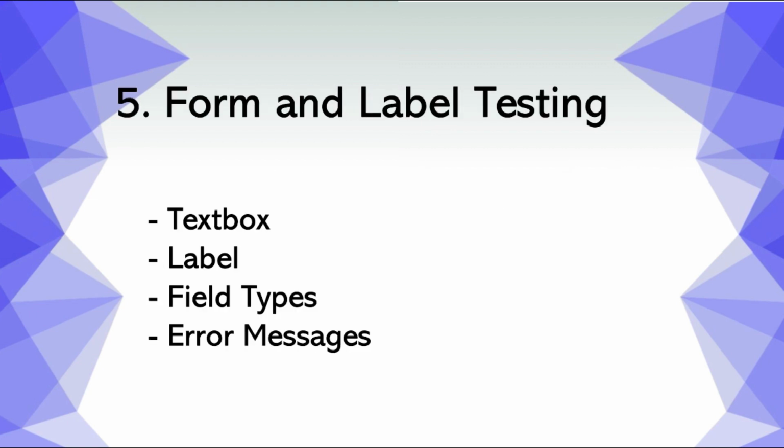Now, the fifth type of testing is form and label testing. Forms and labels are quite important and are used extensively in websites, especially application forms. Accessibility testing ensures that forms have clear labels and appropriate field types like text box, text area, link, radio button, check mark, these sorts of things.